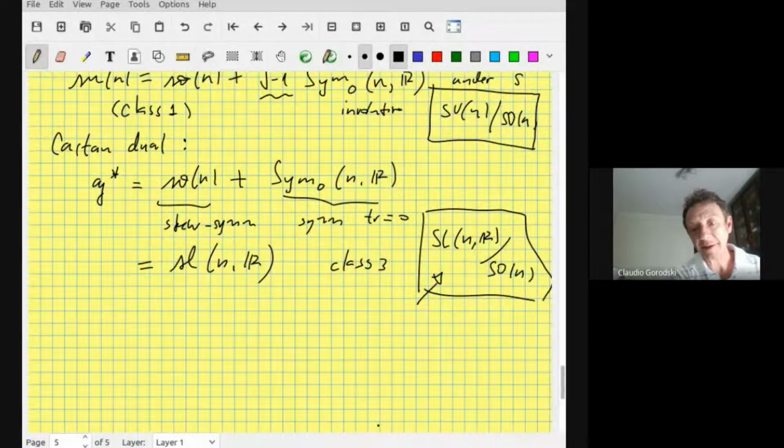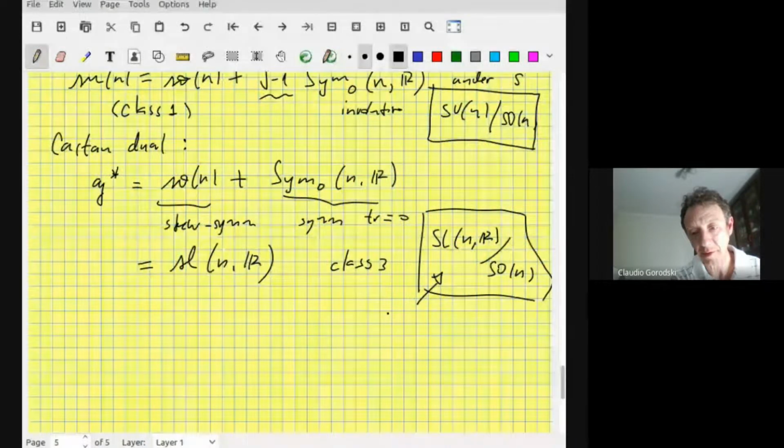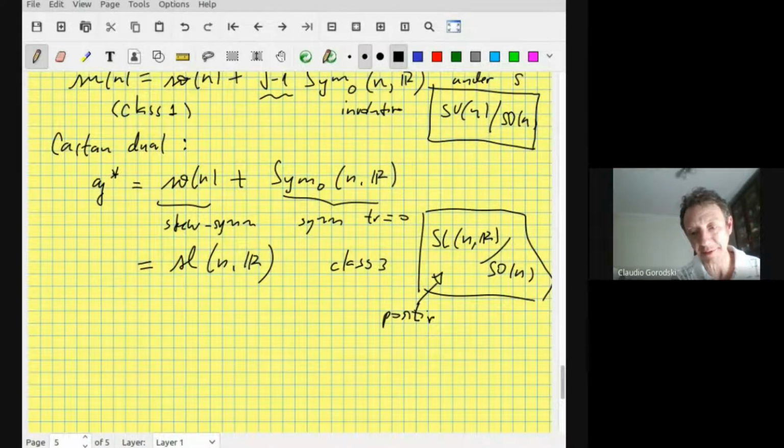Yeah, this can be seen as the space of positive definite symmetric matrices, just by thinking in terms of the Gram-Schmidt orthonormalization process.